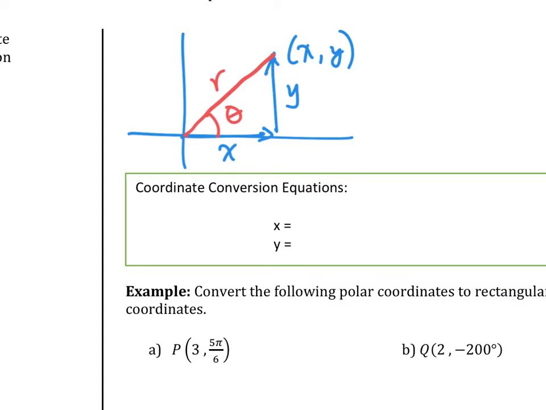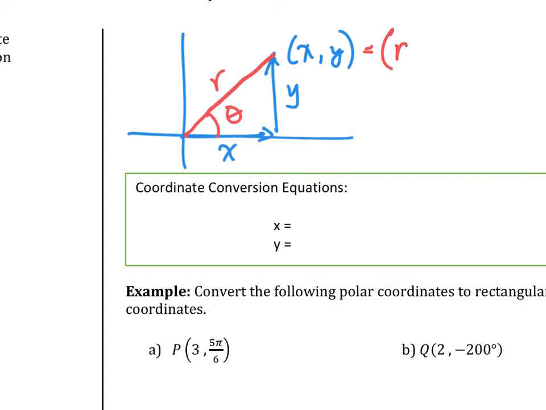Now, how do you convert between the two? You're going to have to remember back in vectors. If we think of this as a vector, how do we break this vector down into its x component and y component? Remember I said you have to remember this. It's going to be the magnitude. Magnitude means the length, right?